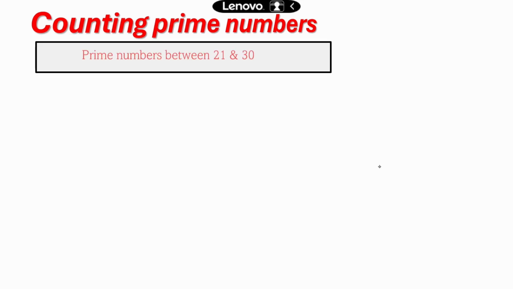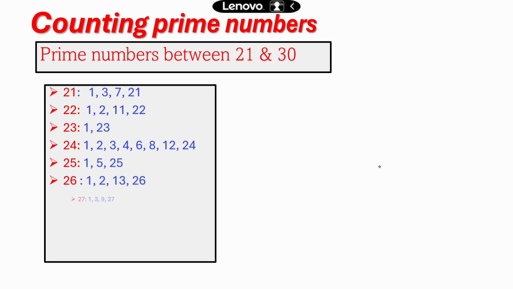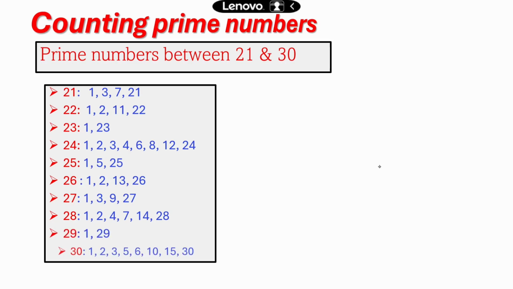Let's continue the process and now we want 21 to 30. So we have all the factors of the numbers and then we see which can be prime numbers. We found 23 and 29.